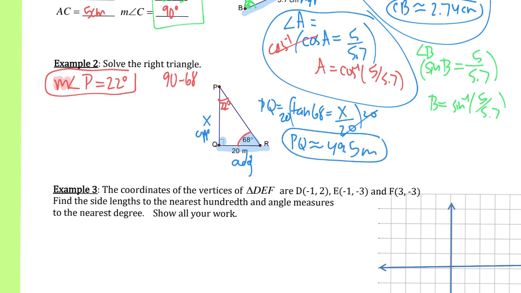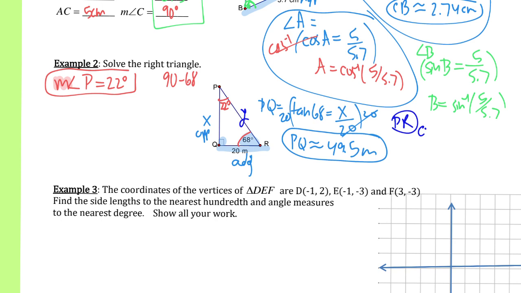And then we also want to find PR. We can call that Y. Using our given data, that's going to be the hypotenuse, so we're going to use cosine.